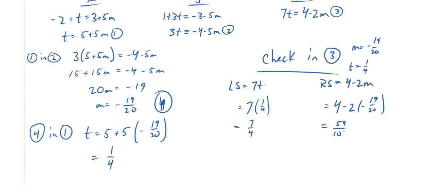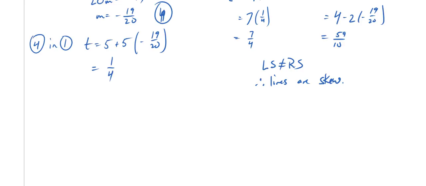When the x's and y's of the two lines match, the z does not. Therefore, the lines are skew. Left side does not equal right side. Therefore, lines are skew. You okay with that? Any questions?